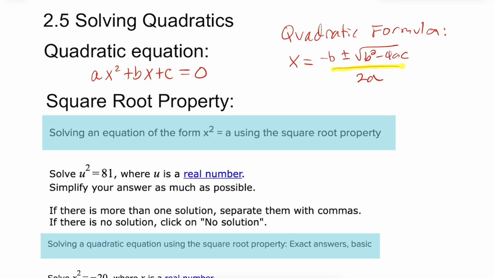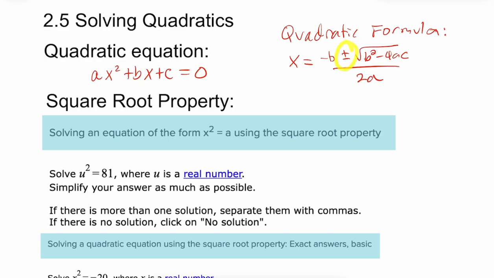This is a division bar that is under the entire quantity on top. So you'll sometimes hear it read negative b plus or minus the square root of b squared minus 4ac all over 2a. That just reminds you you're going to divide this entire quantity by 2a.